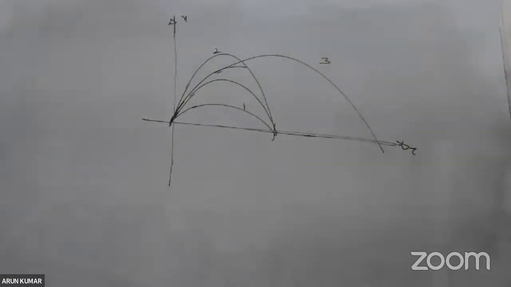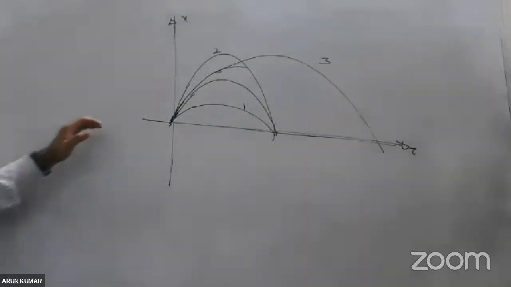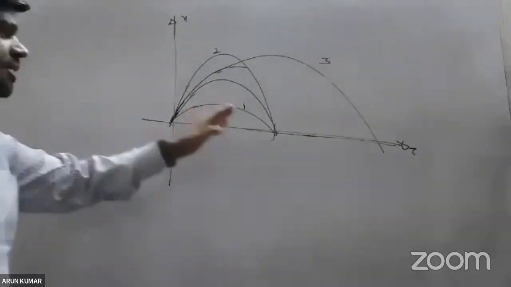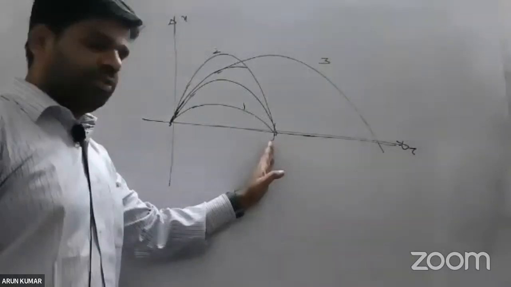By common sense, what will the graph be? 2, sir. 2 ఉండాలి. Why? Because it's going to more height. Yes, sir. But how about the time of flight? Time of flight same ఉందా?